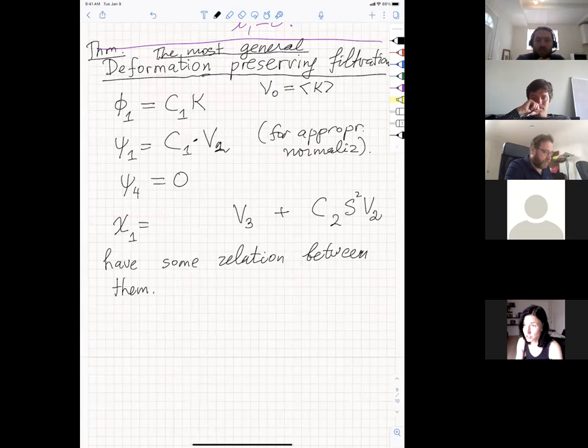And then for V3, there is a fixed normalization because it's a Lie algebra, my Lie algebra. So there is some C3, V3, and there is some relation between them.